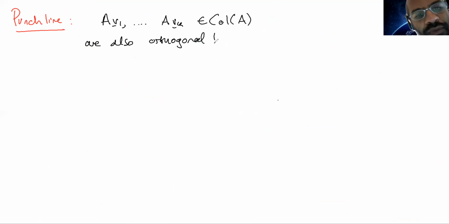Now why is that? Well, the reason is, let's pick two different ones of these vectors. So let's look at A Vi dot A Vj.